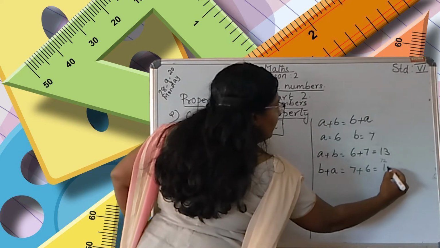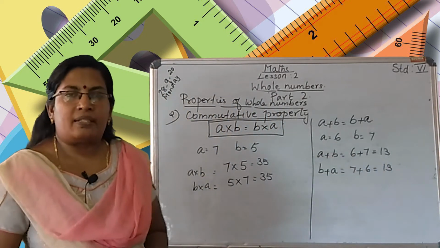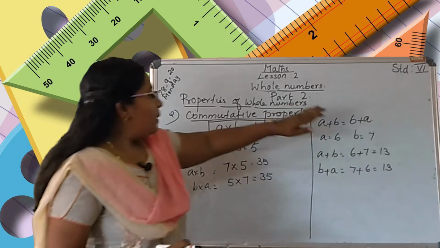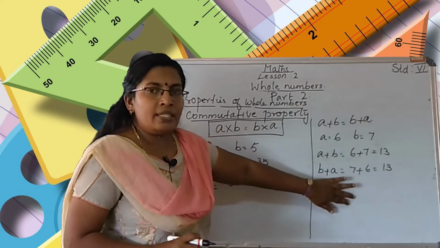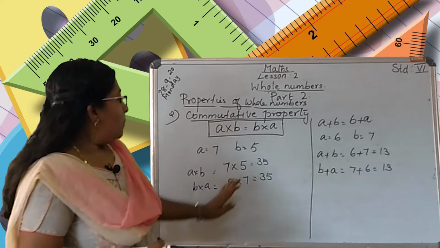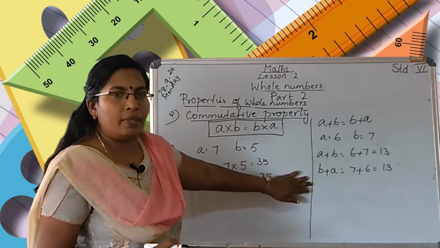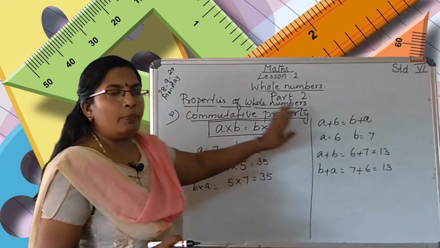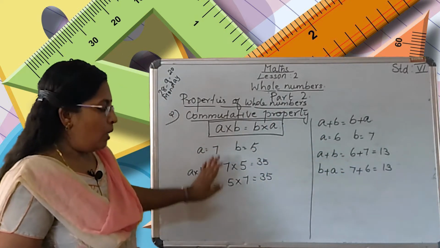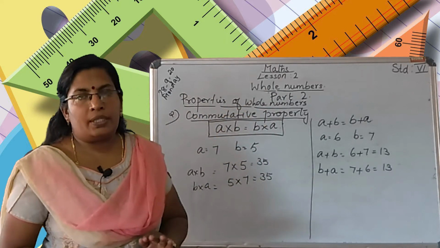That also 13. See the answer? Same answer. So here addition comes under commutative property. So that means in whole numbers, addition and multiplication come under the commutative property.